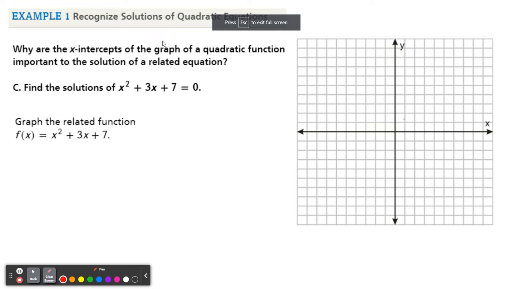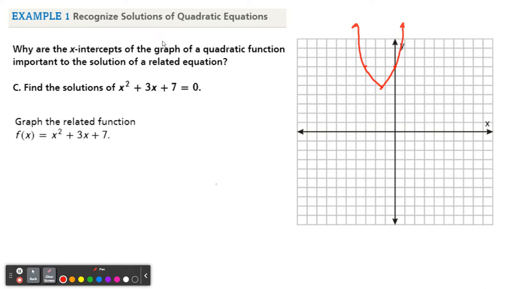So I said it was at negative 1.5, about 5, 1, 2, 3, 4, 5, so just below it. And then the y-intercept was at 7. And again, remember the axis of symmetry. So if that's 7, then over here will be a y value of 7 as well. And there's your function. This graph never touches the x-axis.